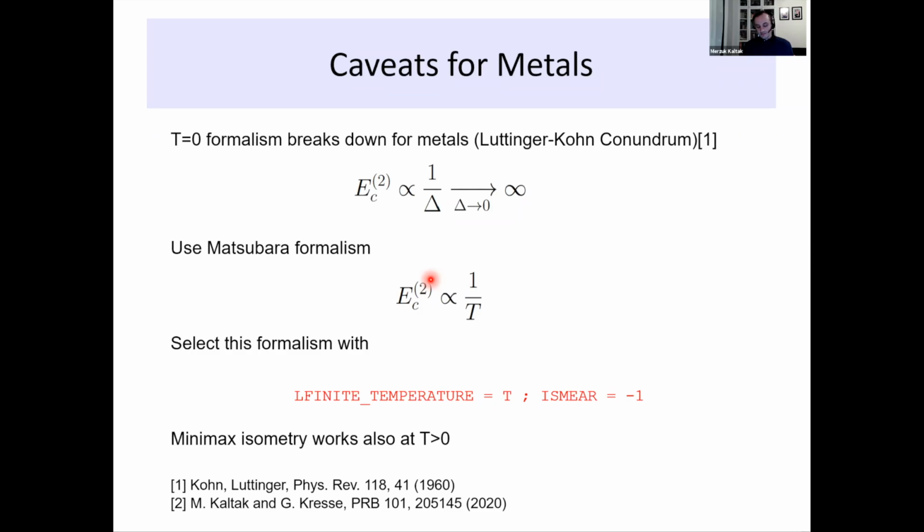Now, if you want to switch on temperature, what that means is that you consider kind of ensemble averages, and there you would not study the total energy, but more the, for instance, grand potential. Why is this the grand potential? The grand potential is used because at first you have to account for a heat bath, and you also have to allow for a particle number fluctuation. And this is given by the grand potential.